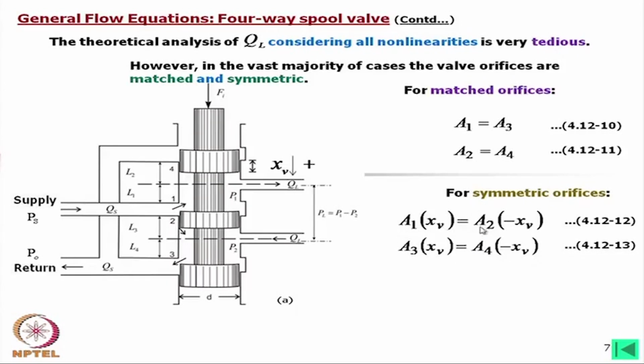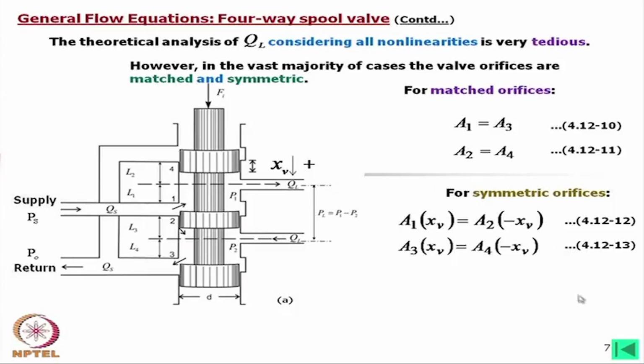A1 at xv and A2 at minus xv, as I have explained in the opposite directions, for whatever the value of xv, they will be equal. Do you understand? You have to visualize what is meant by matched and what is meant by symmetric. Symmetric depends on the spool motion, matched means a static condition, any general condition.